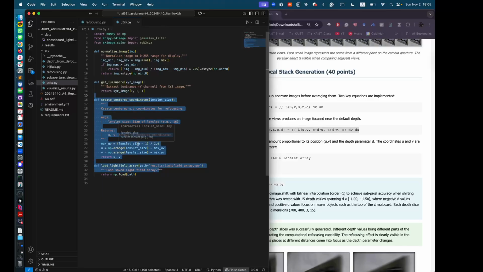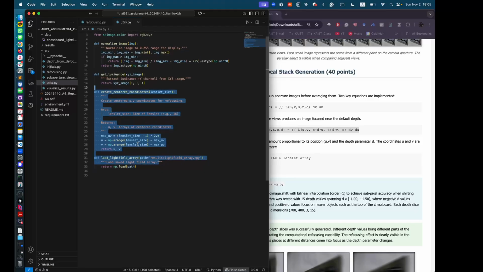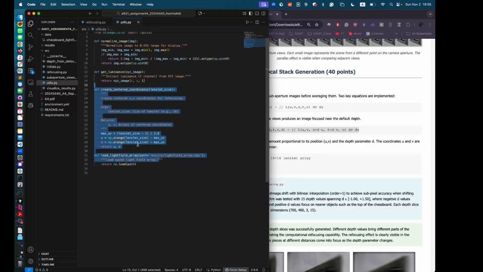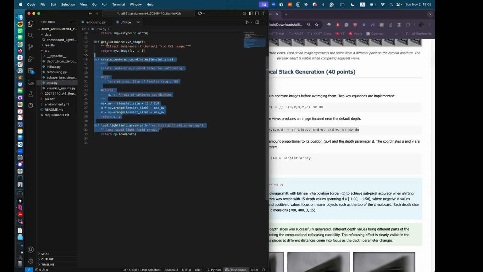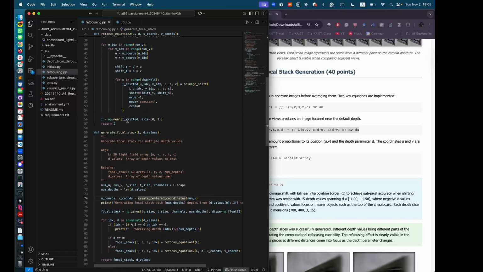This is very critical because instead of U and V ranging from 0 to 15, they range from negative 7.5 to positive 7.5. This centering is essential for correct refocusing behavior because shifts must be computed relative to the central ray. We use SciPy ndimage shift at lines 48 to 54, right here.